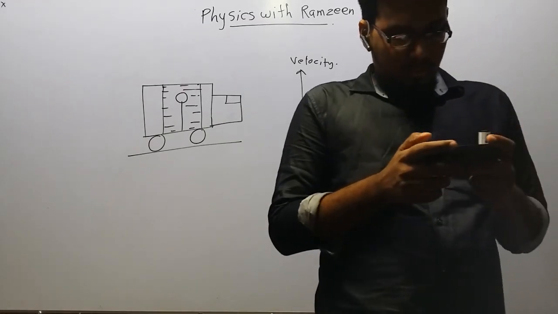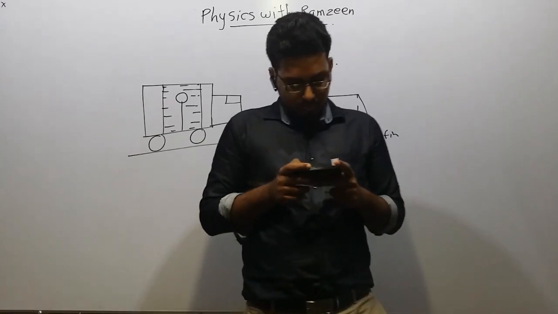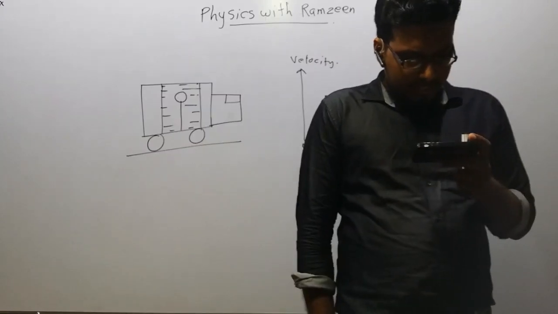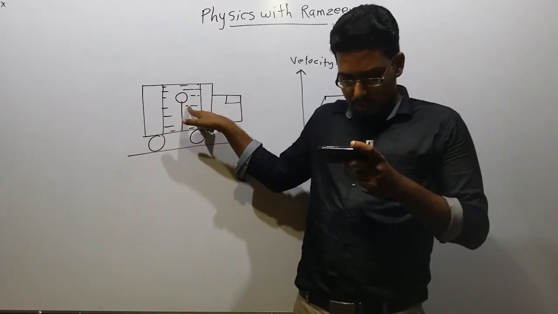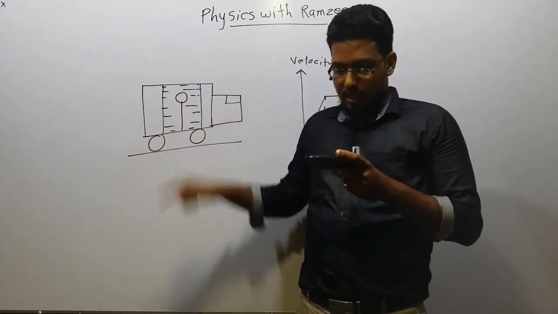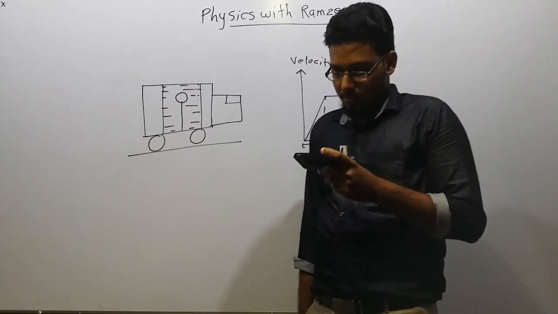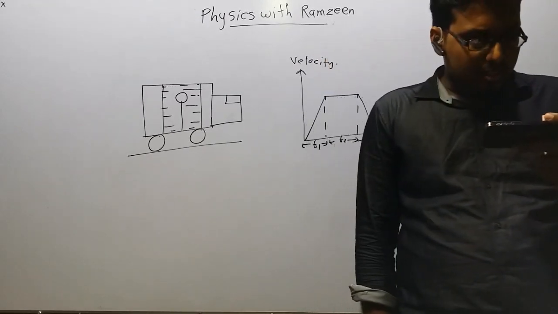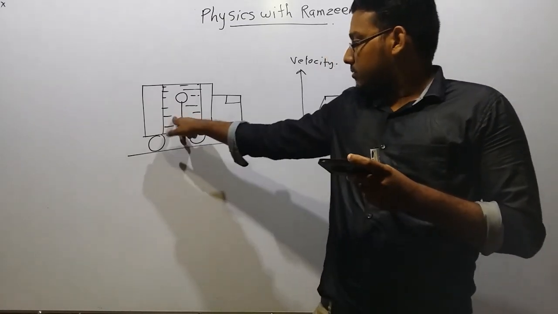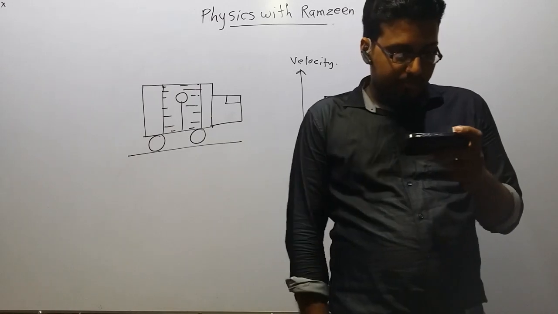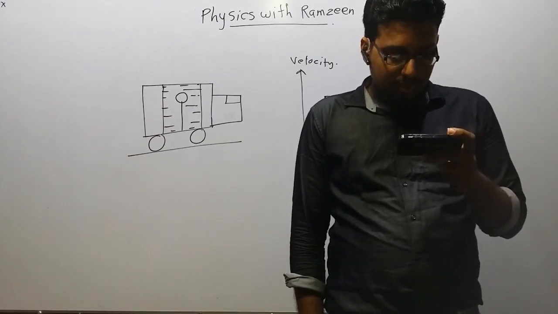This is the 2020 question, 35th MCQ. Consider a massless balloon attached to an end of a light string. Light string means it has no mass value. The other end of the string is attached to the bottom of the water tank. This liquid is water. They have given a water tank which is fixed in a truck as shown in the figure.